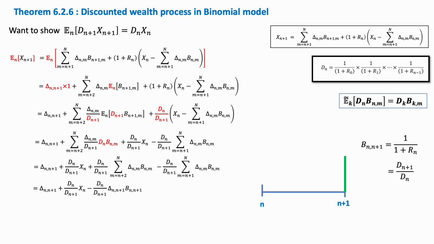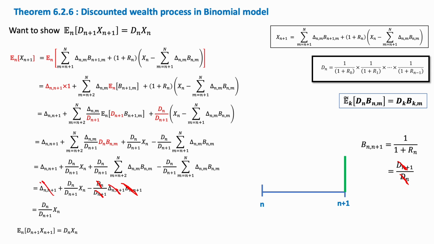And when we do that, if you look closely now at this expression here, this dn is going to be canceling out with this dn here. This dn plus 1 is going to cancel out with this dn plus 1 here. So these two are canceling each other. So we have delta n plus 1 minus delta n plus 1. So these two are going to cancel with each other.